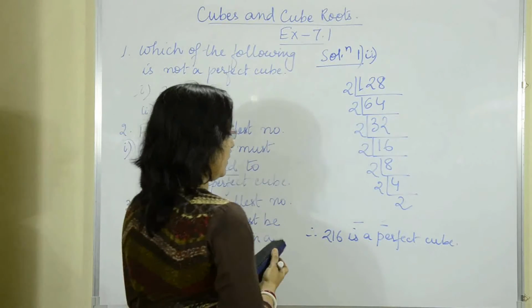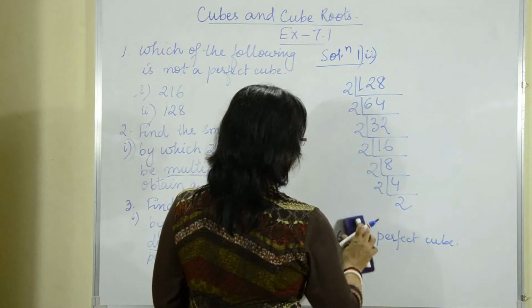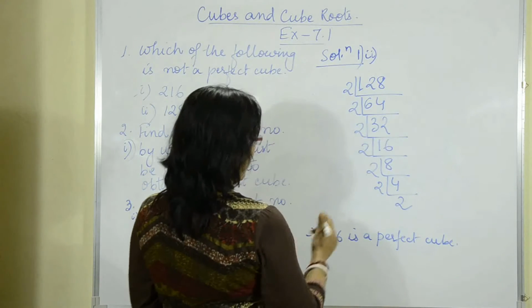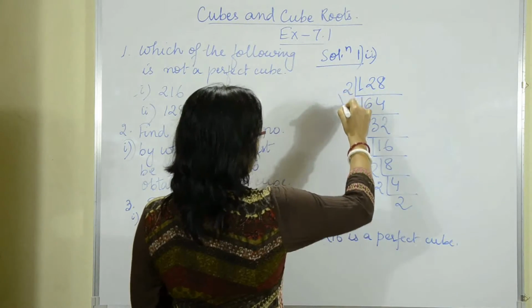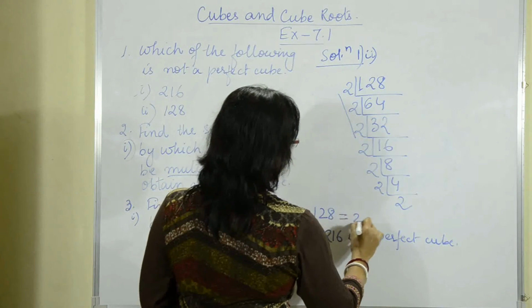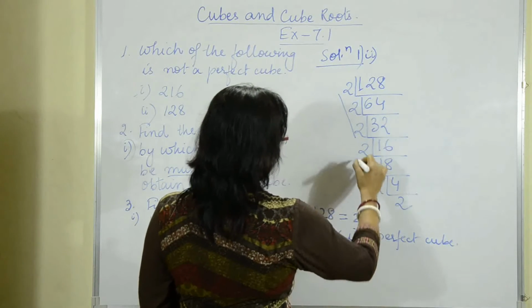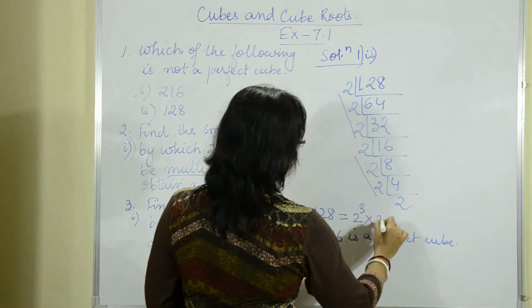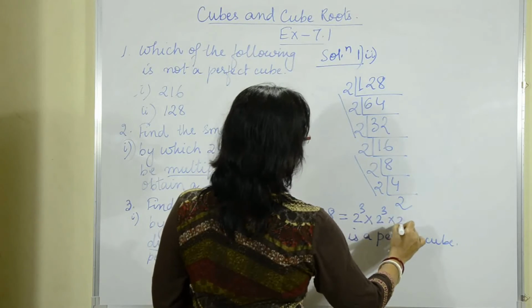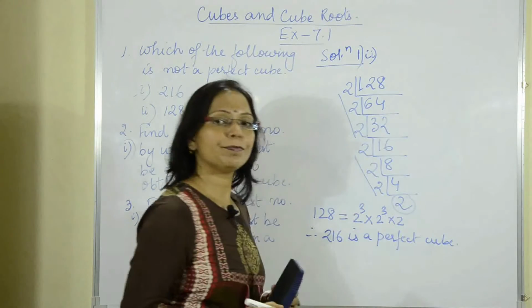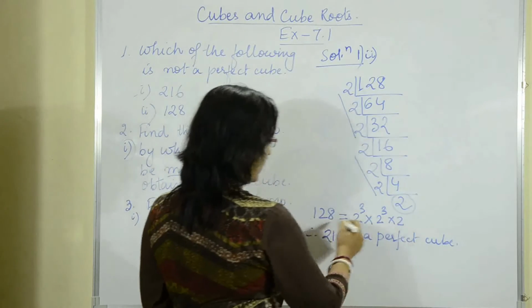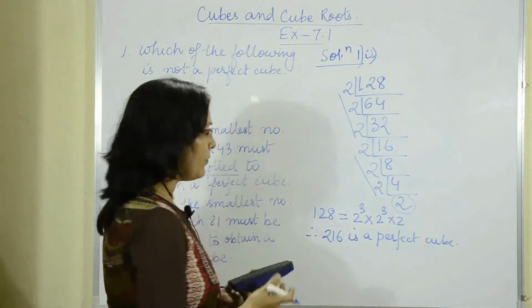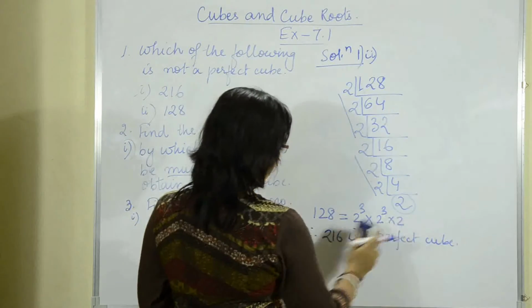Now what did I get here? 128 equals, let us group in the form of 3 2's, again 3 2's, but then 1 2 is left alone, is it not? So 1 2 is left alone. So this is not a perfect cube because this 2 is alone.